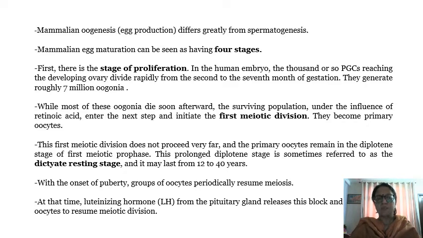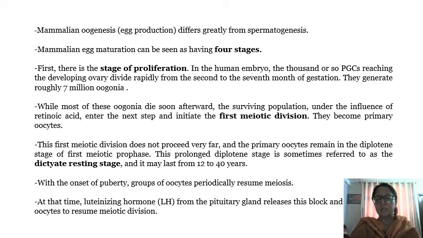So out of 7 million oogonia present in the ovary, only a few enter the first meiotic division and become primary oocytes. This first meiotic division does not proceed very far, and primary oocytes remain in the diplotene stage of first meiotic prophase. This prolonged diplotene stage is sometimes referred to as the dictyate resting stage.